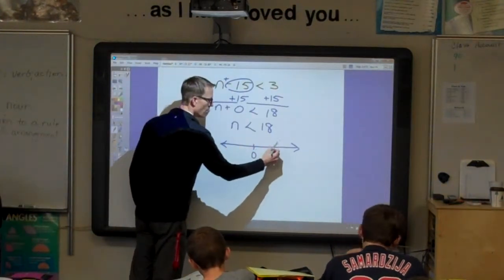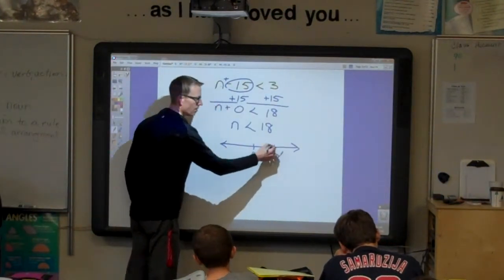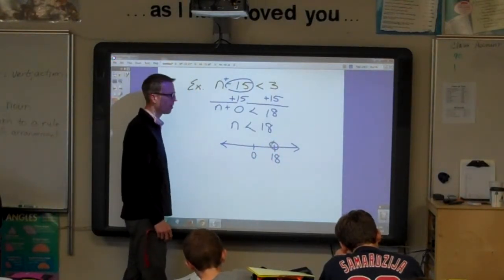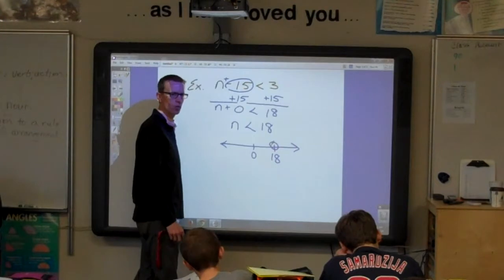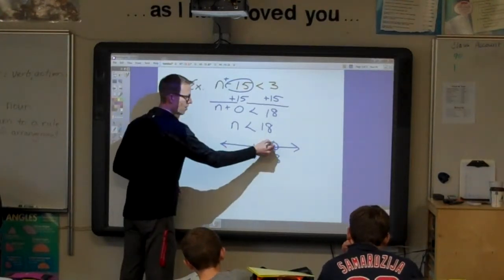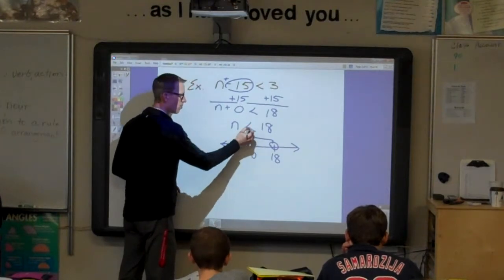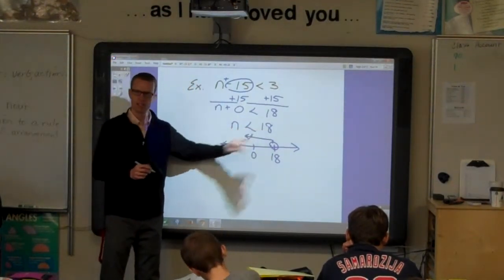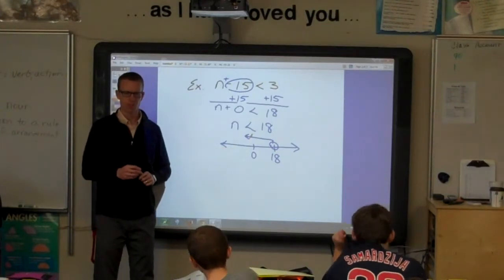Chase? Open. Open dot at 18. That's the number we found. And our arrow should go to the what? To the left. Same direction because it says N is less than 18. Okay?